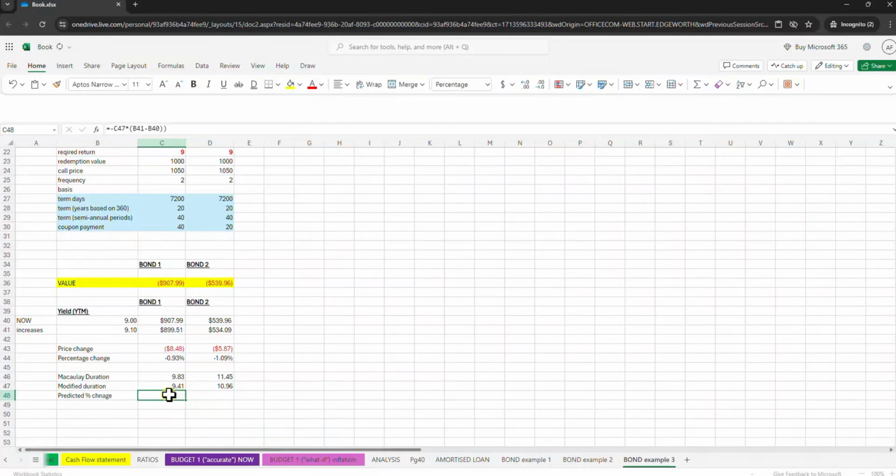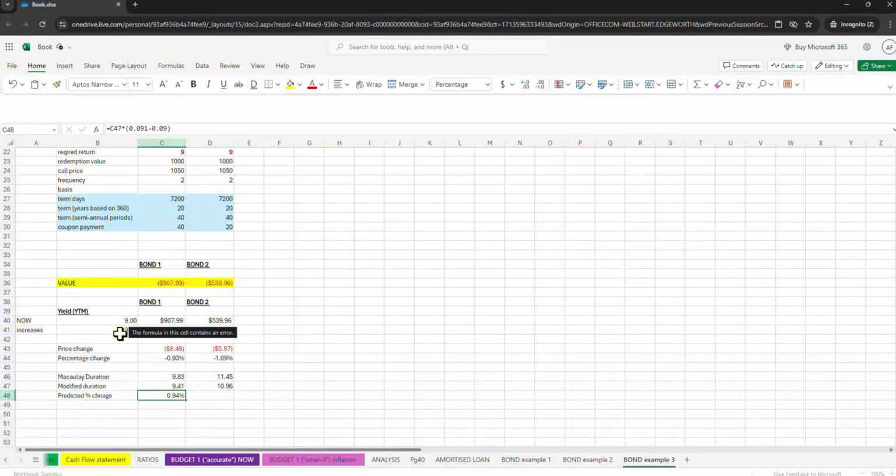Let's delete and start again. Percentage change, modified duration, times, open brackets, the difference between 9% and 9.1%. I'm going to write this as a decimal, 0.091 minus 0.09, close brackets, enter. That's better. But here this was a change in price.